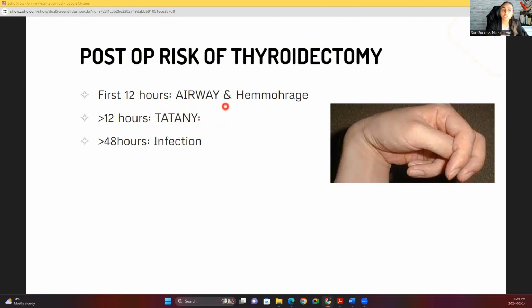And if the calcium is low, tetany can happen. Is the patient at risk of infection? Yes, but only after 48 hours, bacteria will slowly grow over the suture site. It won't happen suddenly in the first 12 hours. It is airway, hemorrhage, tetany, etc.